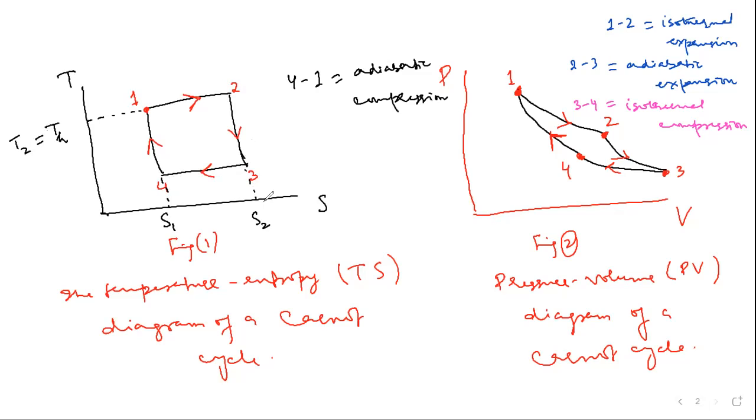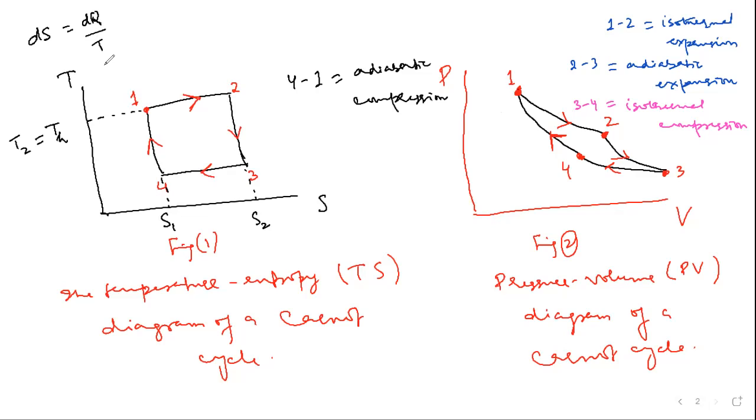So from point 1 to point 2, the system is in thermal equilibrium with the hot reservoir. It absorbs heat from the reservoir, and the process is reversible. And we know the change in entropy dS is what? It is dQ by T, right? dQ is the heat absorbed by the system reversibly.